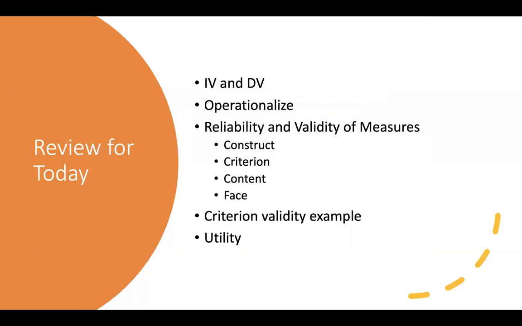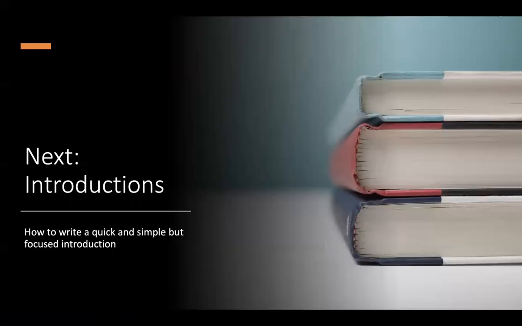And then face validity, it actually seems like it measures the thing it says it measures. We looked at that example of criterion-related validity with the YPAS and utility, whether something is useful. So that is what we talked about today. That is a lot of chapter 4 in terms of understanding how do you use the scientific method.